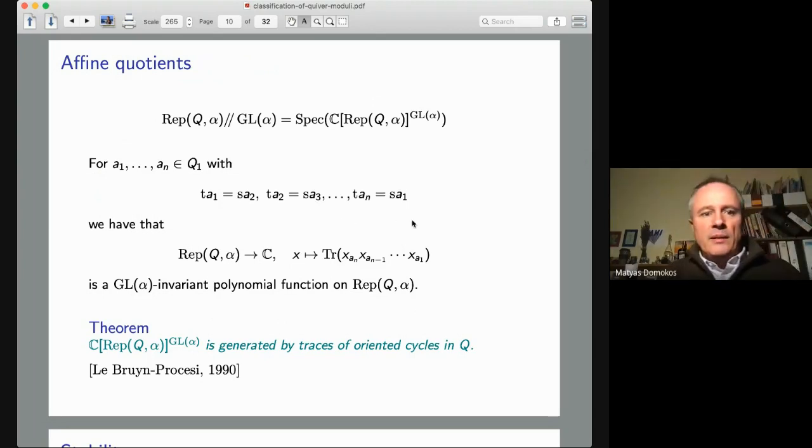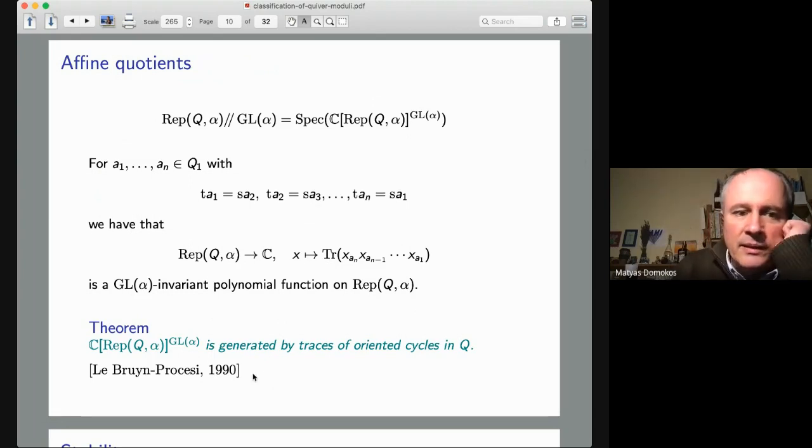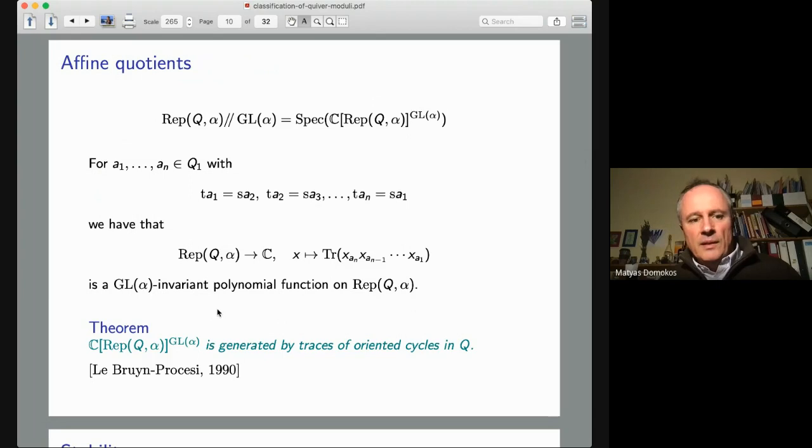And let me recall that the generators of this algebra of invariants were described by Le Bruyn and Procesi in 1990. So the result is that the algebra of GL alpha invariants on the space rep Q alpha is generated by traces of oriented cycles in the quiver.